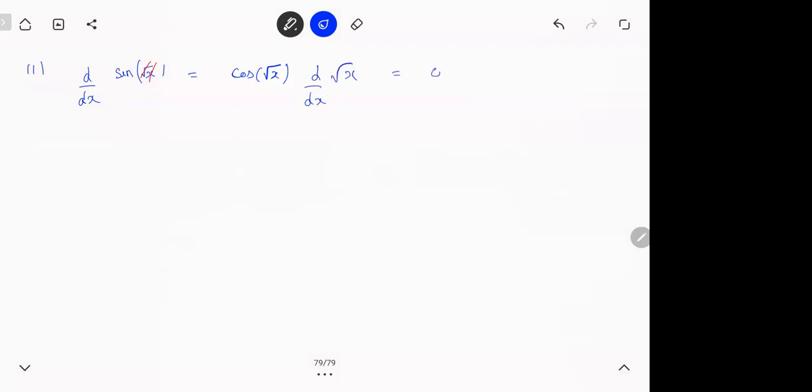That is x power half. So the derivative of root x is 1 by 2 root x. So cos root x by 2 root x. Yeah, that would be the C option.